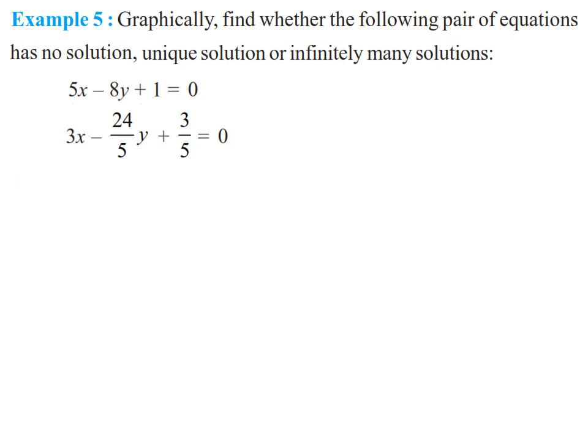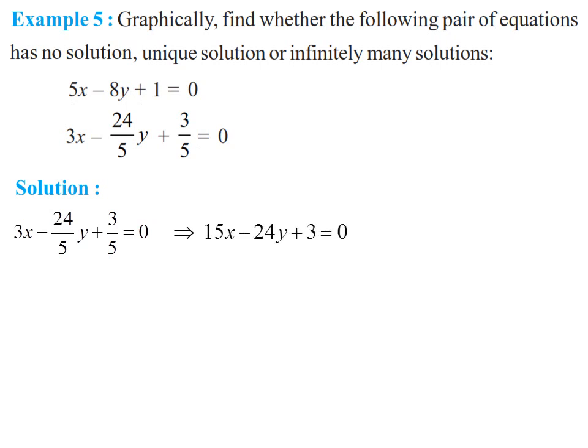So first of all, simplify the second equation because it is given in fraction form. Taking LCM 5 on the left hand side, I will get 15x minus 24y plus 3 equals 0.